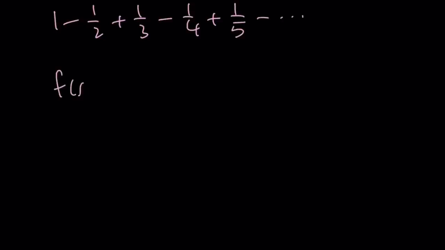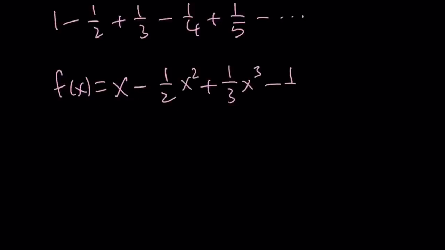So we're trying to evaluate 1 minus 1/2 plus 1/3 minus 1/4 plus 1/5, so on and so forth. And I'm going to go off of the function f of x, defined as x minus 1/2 of x squared plus 1/3 of x cubed minus 1/4 of x to the 4th plus 1/5, so on and so forth.